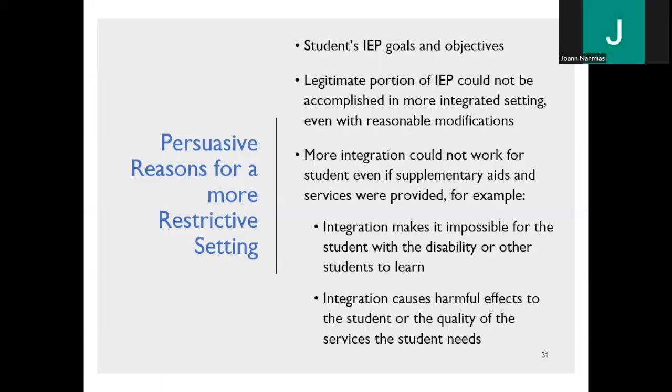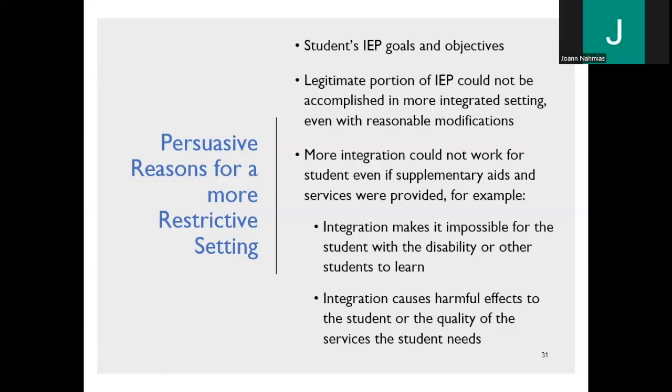If supplementary aids and services still are not enough to help the student succeed in a less restrictive environment, that's a key factor. For example, if integration actually prevents learning, either for the student with the disability or for others in the classroom, that's a legitimate concern that should be discussed among the IEP team.